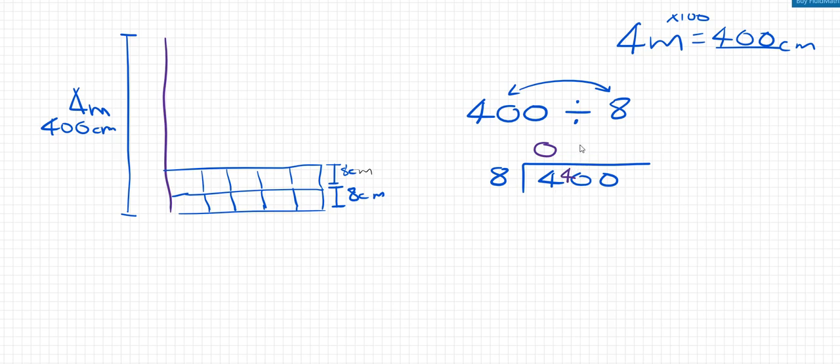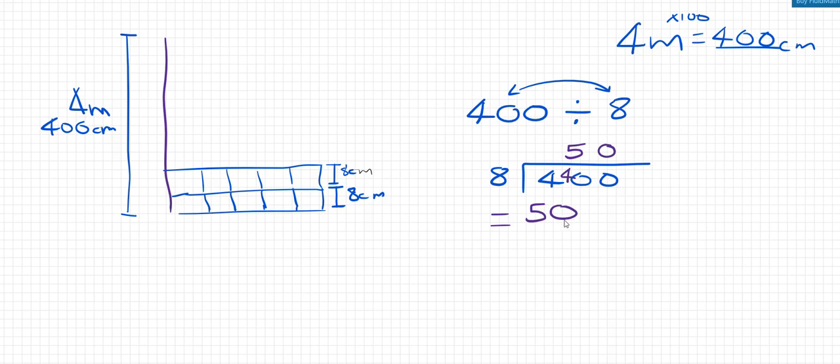I know my timetables. 8 times 5 is 40, so 5 times. Now, there are no remainders, but this 0, I can't forget about it, okay? Make sure you add it up here, okay? Or 0 divided by 8 is just 0. So I don't need this 0 over here, that can disappear. So my answer is 50.